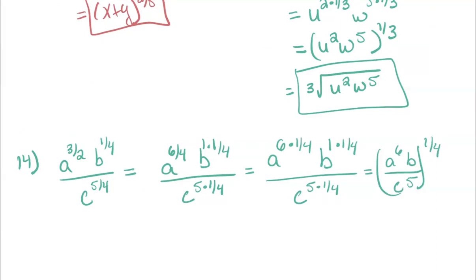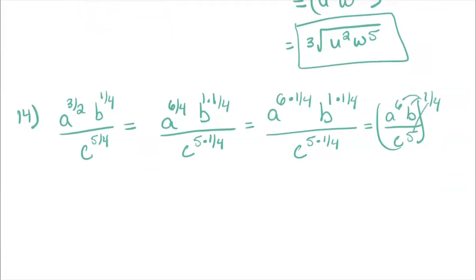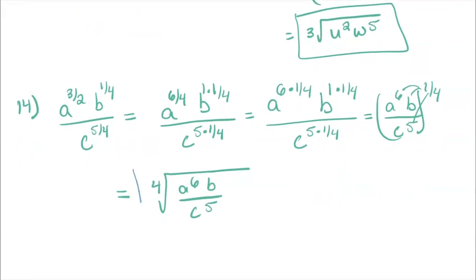Because remember, even when we had a fraction raised to a power, you could still distribute the power to all of those. So then that is really the 4th root of a to the 6th, b, c to the 5th. Okay, so take it step by step.